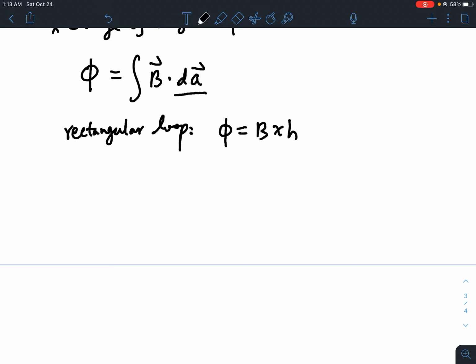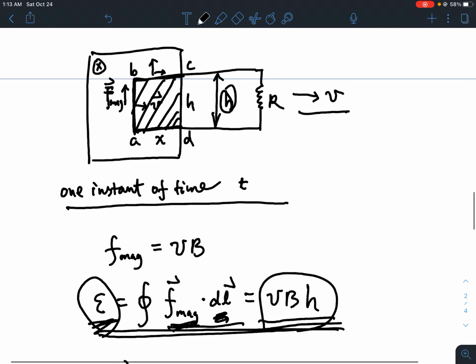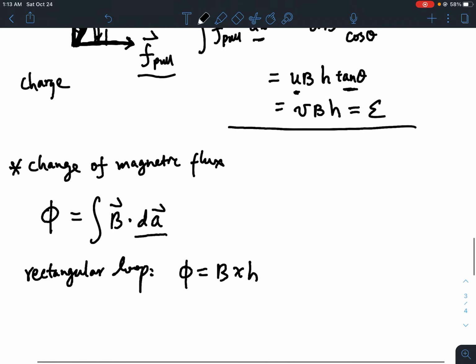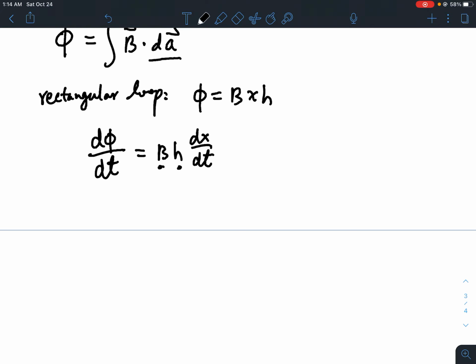As this loop moves, there is less area inside this magnetic field. So as a result, the flux decreases. So what is the rate? d phi over dt is really equal to B times h times dx over dt, because B and h are constant.